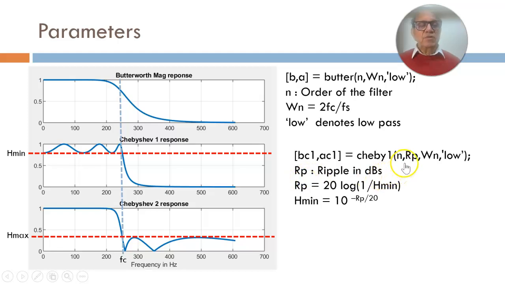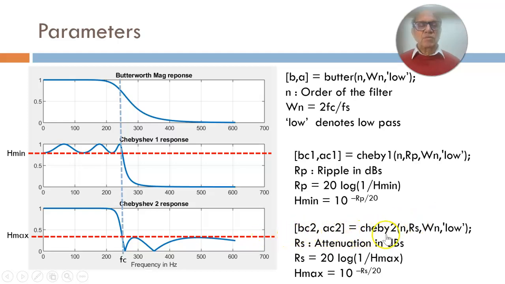Now, although when you call the function you have to express this in terms of dBs, you would like to know how much H minimum it actually corresponds to. Rp is in dBs, so that will correspond to certain H minimum. So what is the relation? Rp is equal to 20 log of the reference gain, that is 1, divided by the H minimum. This means H minimum is 10 raised to minus Rp divided by 20. So from this you can find out what will be the H minimum. Okay.